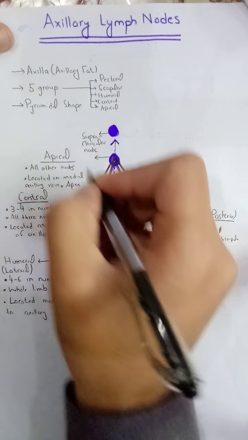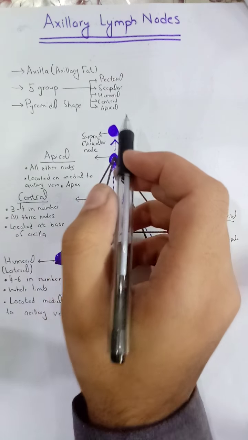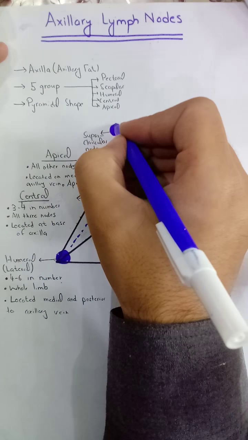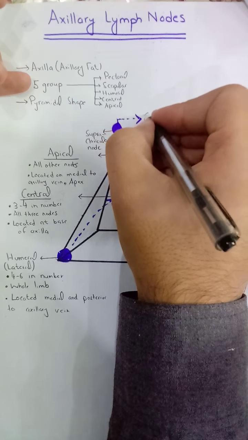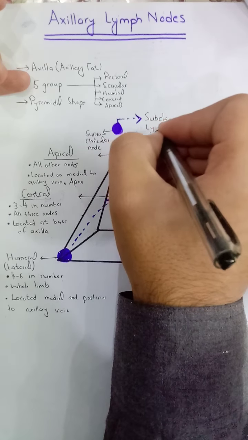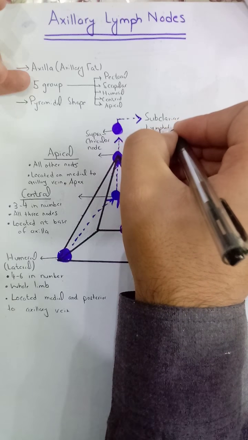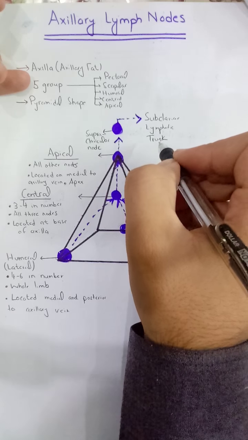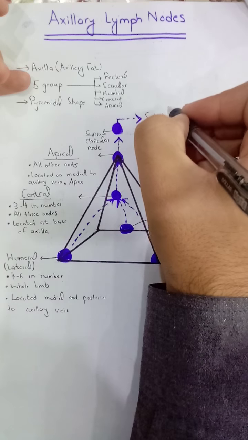Supraclavicular lymph nodes. Now from these supraclavicular lymph nodes, the lymph will then move to the subclavian lymphatic trunk. Here the lymph will either move toward the right side or to the left side.